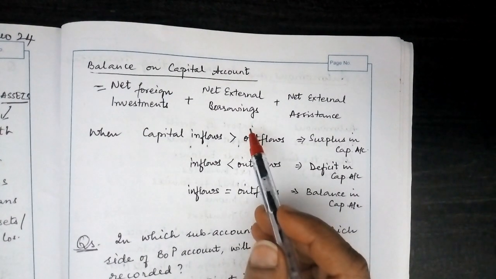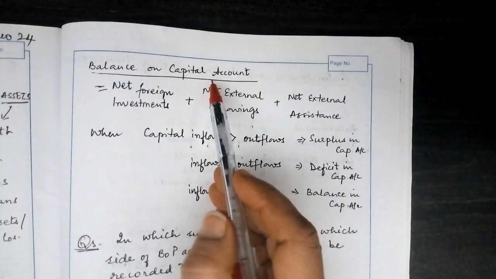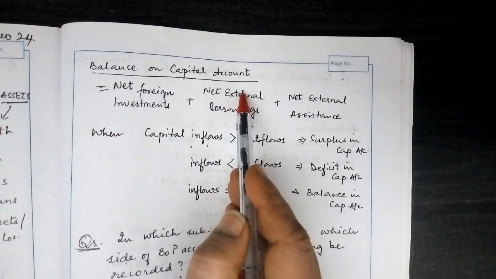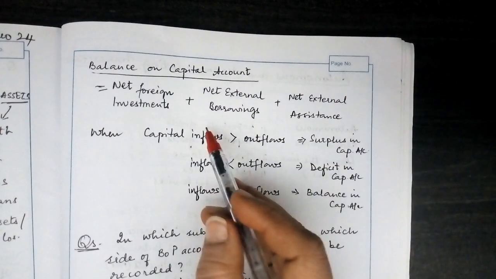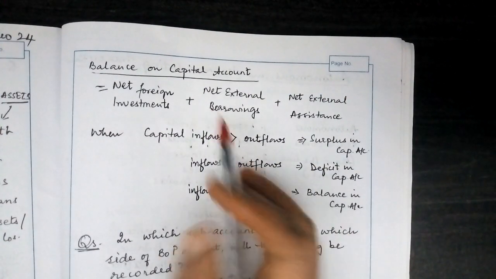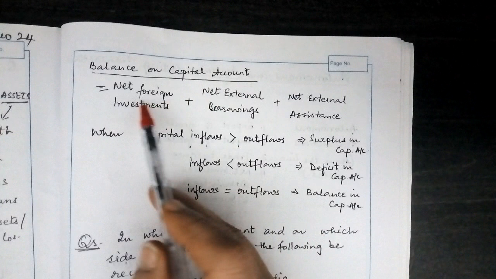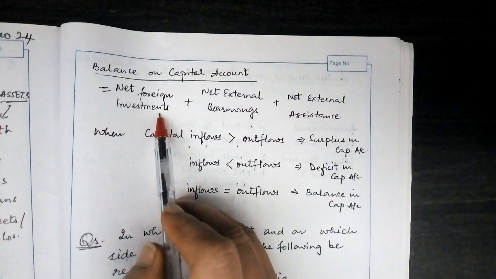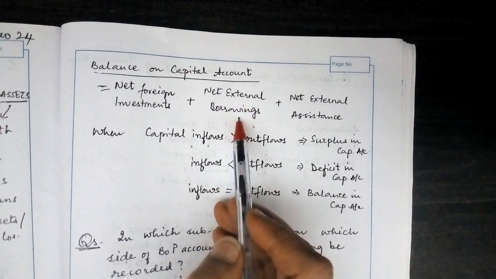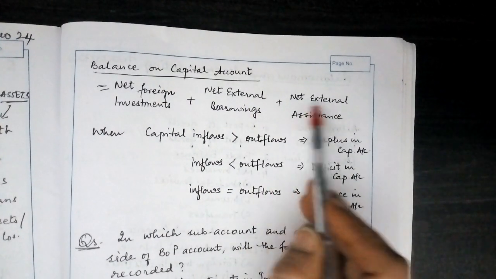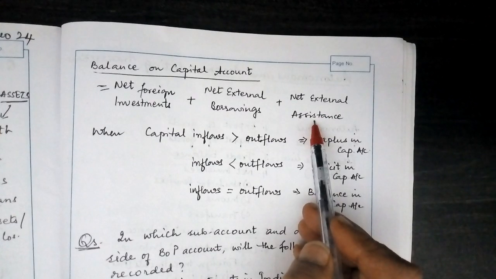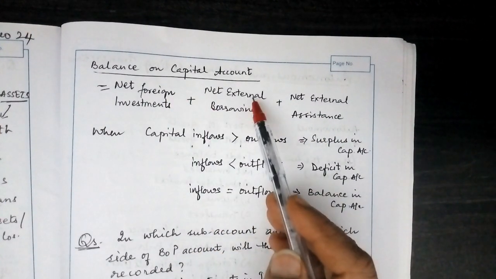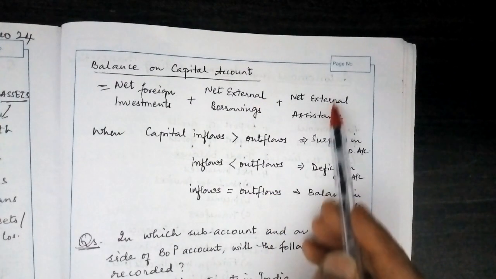Net capital flows in the capital account show the balance on account of capital account transactions, which may be positive or negative. So balance on capital account is equal to the sum of net foreign investments and net external borrowings plus net external assistance. What we learned just now: foreign investments plus external borrowings plus external assistance.